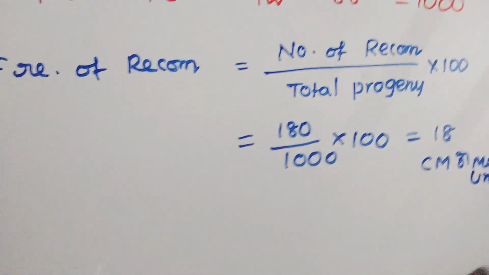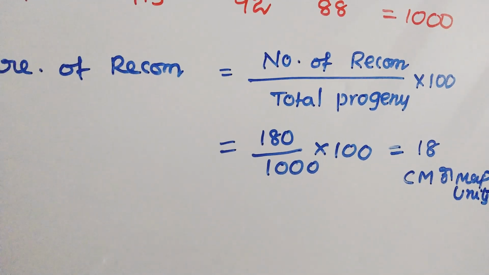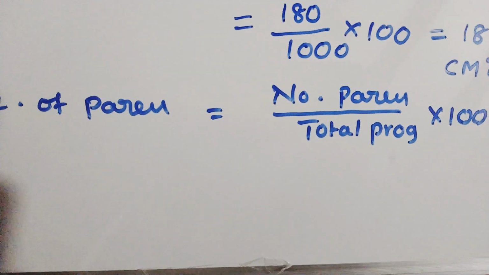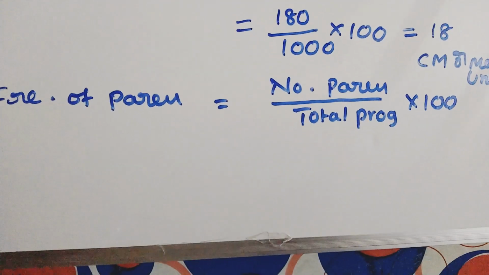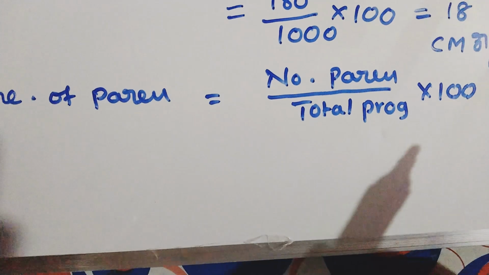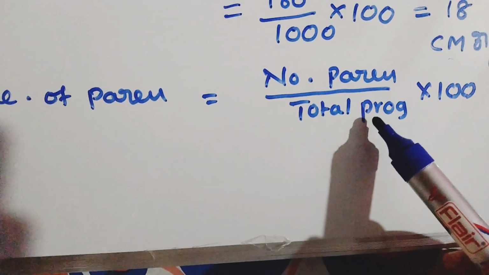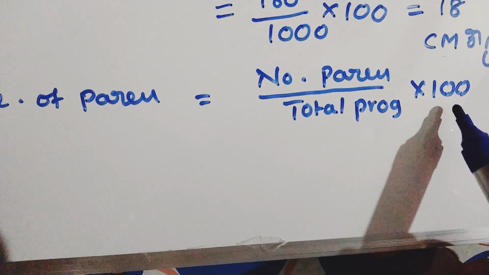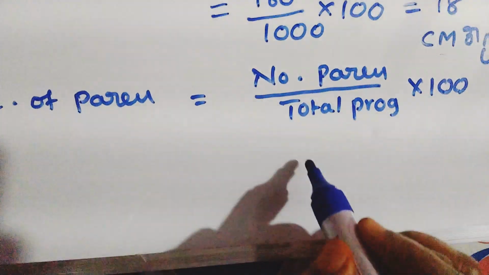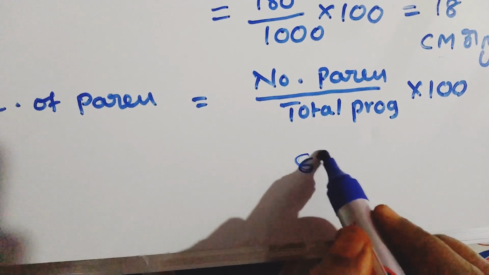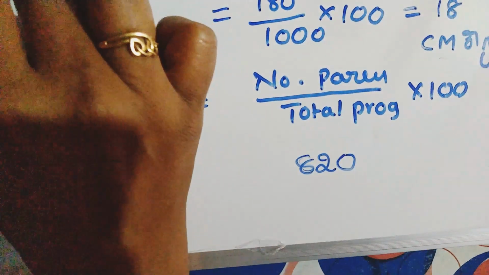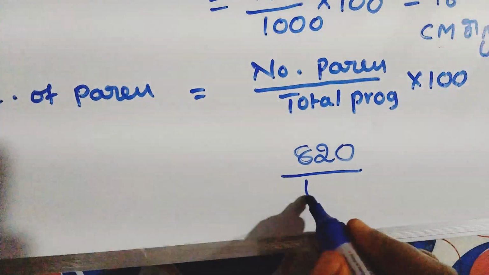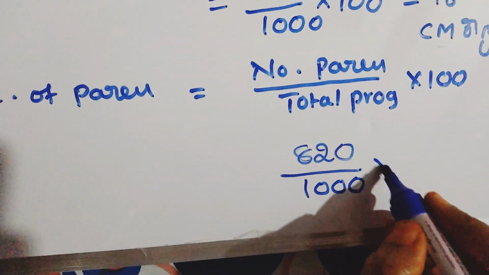Now we are going to calculate the frequency of parental combinations. Frequency of parental combinations is equal to the number of parental combinations produced in the progeny divided by total number of progeny, times 100. The number of parental combinations is 405 plus 415, which is 820, divided by total progeny 1000, times 100.